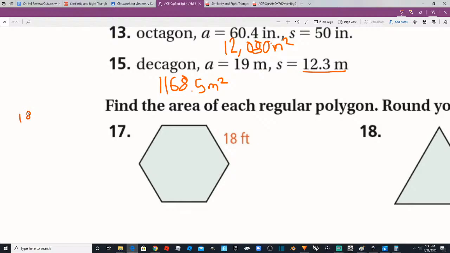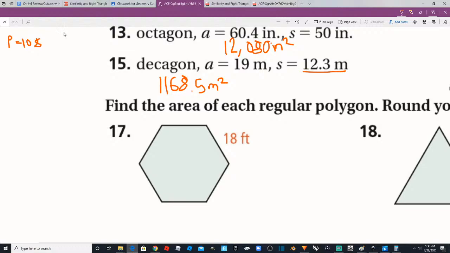18 times 6. I can just do that real quick. That's 108. So I'm just going to write here P is equal to 108. Okay, let's remove this.